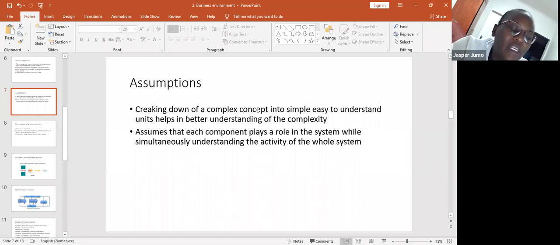But at the same time, it has got its own interdependence. For example, let's say it's the organizational structure. When you are setting it up, you are looking at the objectives that you want to meet with the structure.